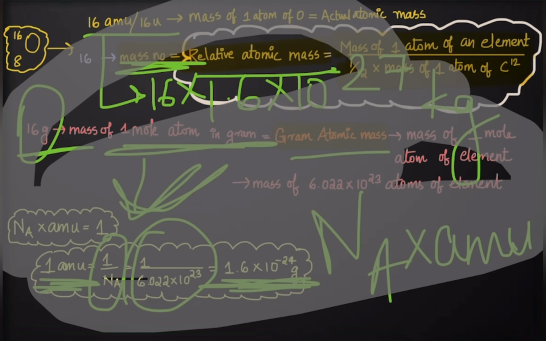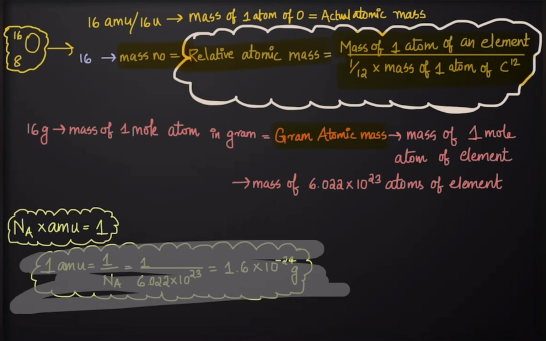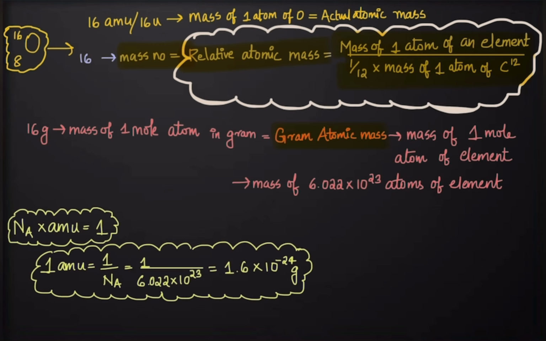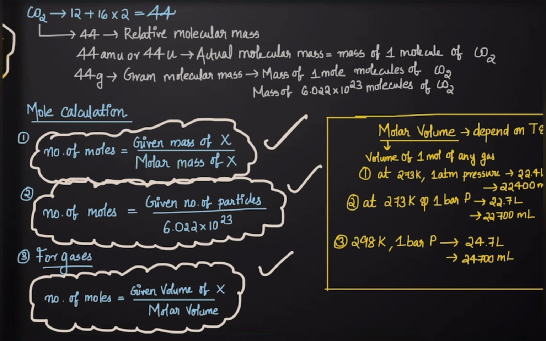You have to study this: Na, that is Avogadro number, multiplied by AMU is equal to 1. 1 AMU, that is 1 atomic mass unit, is equal to 1 divided by Avogadro number, which is equal to 1.6 into 10 raised to minus 24 gram. You have to learn this: Avogadro number multiplied by AMU is equal to 1.